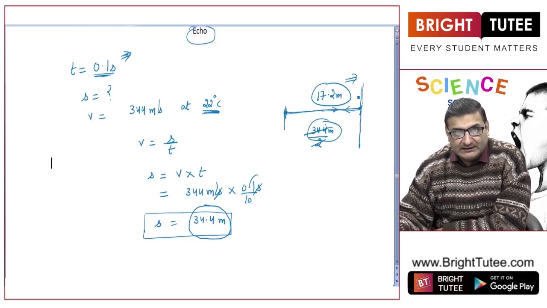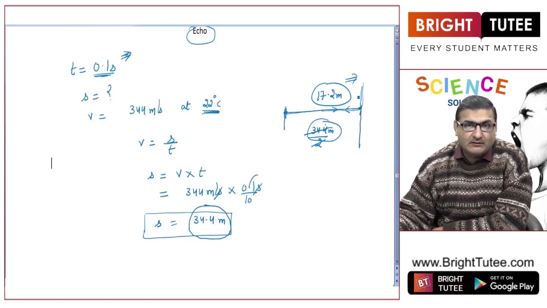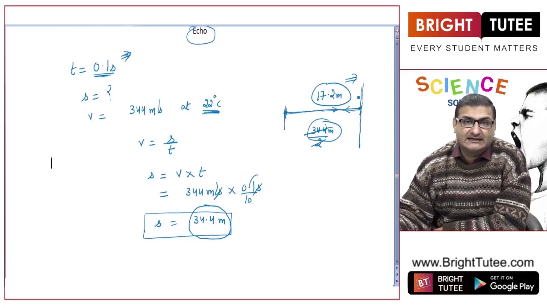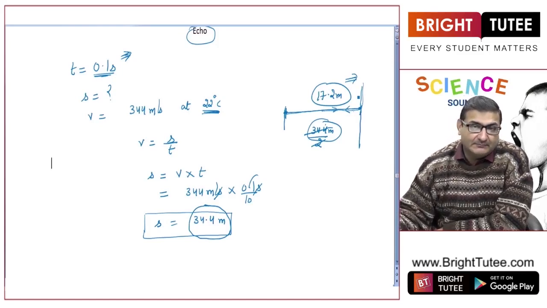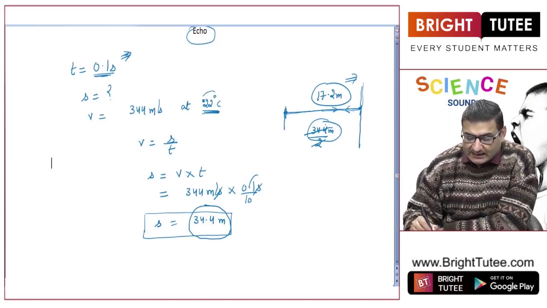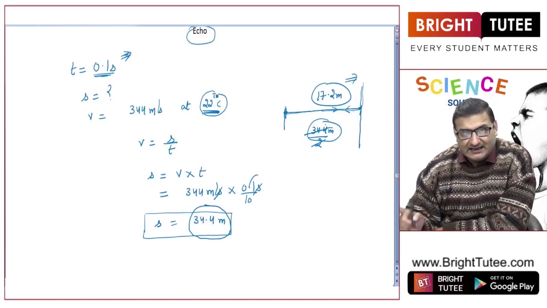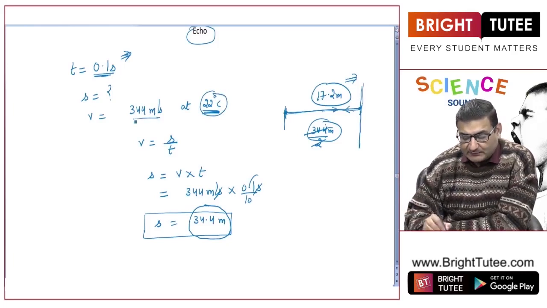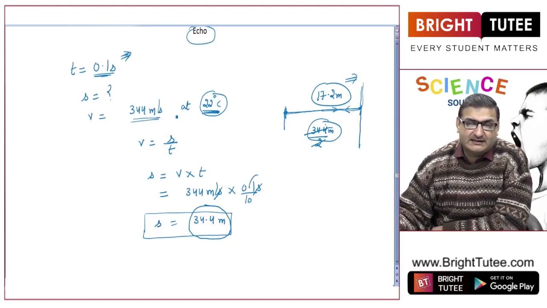Plus, we have already studied that the speed of sound depends on various factors like temperature, like the material, the medium, like the humidity. So, we are assuming this is the distance at 22 degrees Celsius in air when the speed of sound is 344 meter per second.